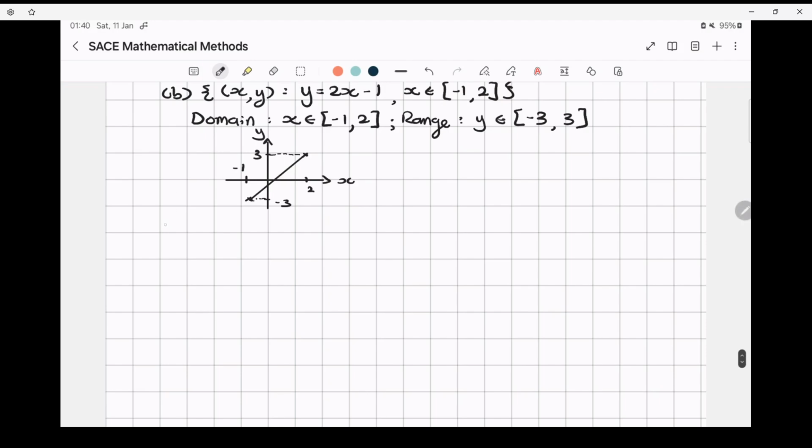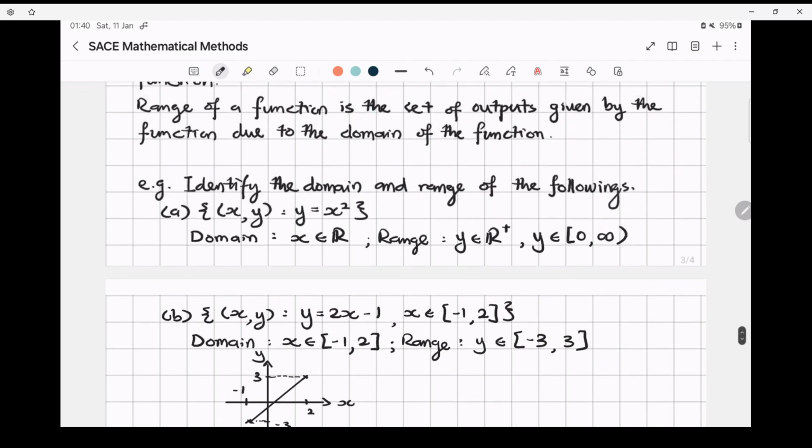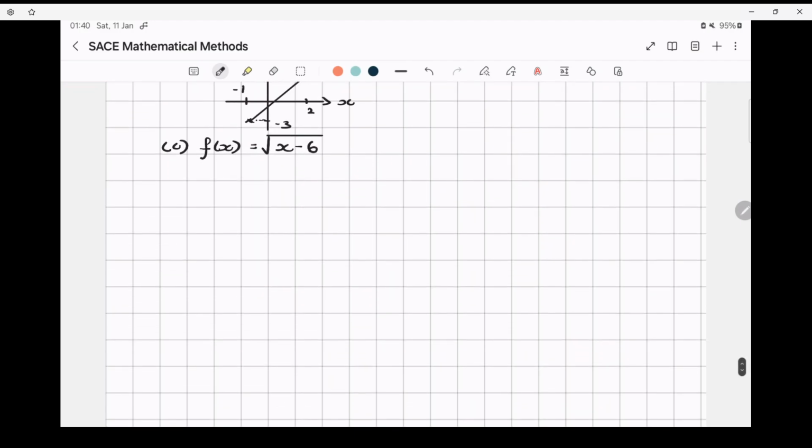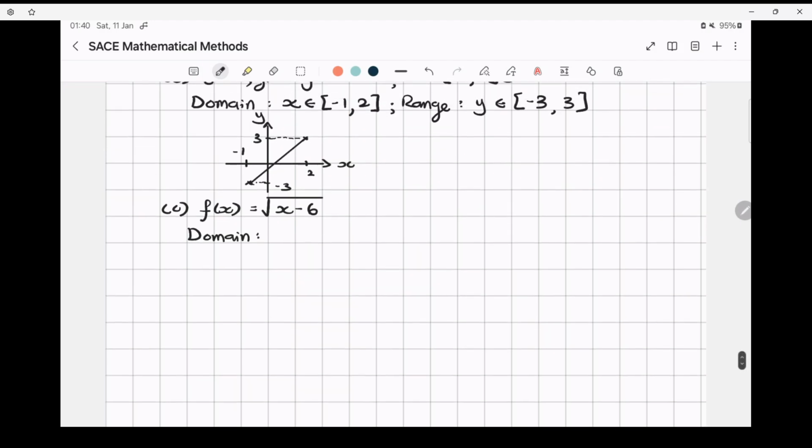So the last example will be this. Square root of x minus 6. Find the domain and the range. So in this case, you need to look at the function itself.